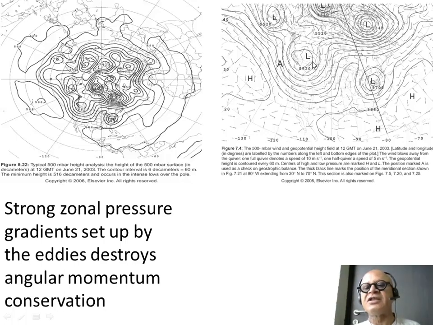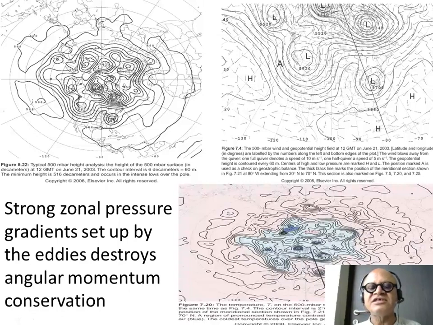So here is again the same thing taken as a section through 80 west. You can see that blown up again on the US. It's the same figure we saw before. You clearly see the eddies, and in a temperature field as well we had seen the eddies.